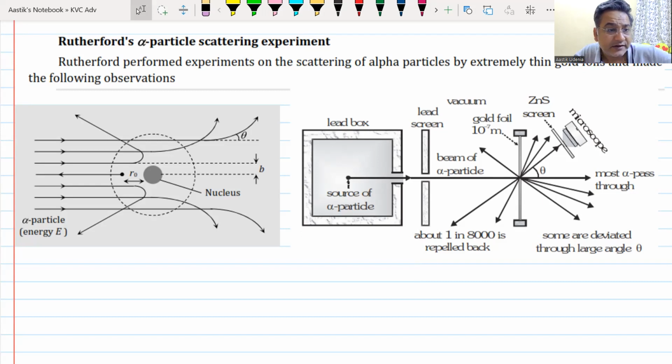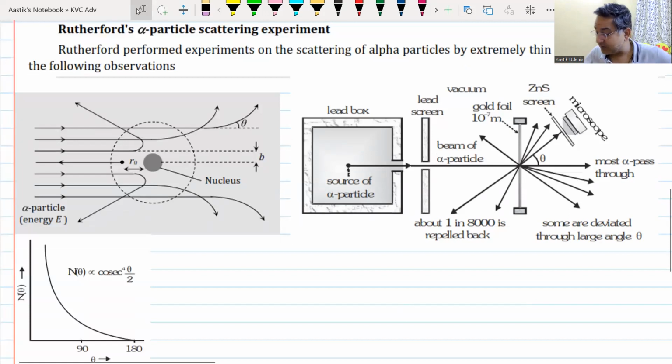One more important diagram that you have to understand here is about the number of particles and their scattering angle. I don't know if you have seen this diagram before. I will try to put this diagram together so that you can see the number of particles which are scattering.